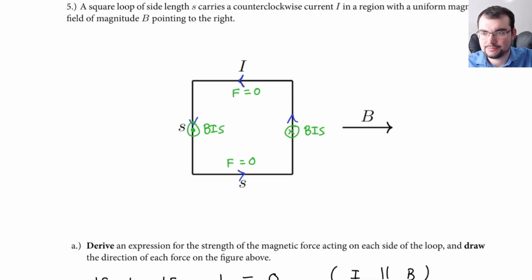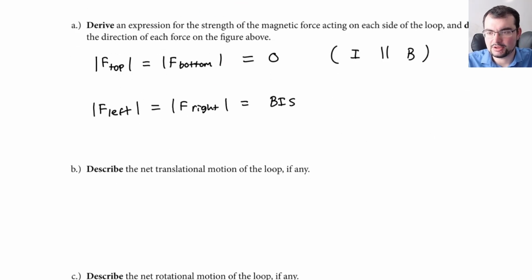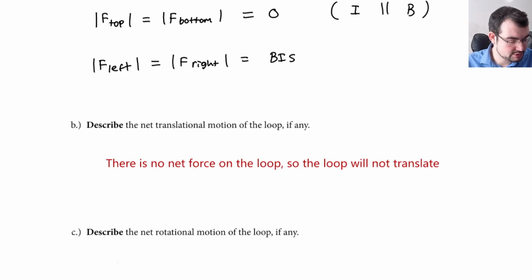And that's that. All right, net force. Well, net force: 0, 0, BIS out, BIS in. Those cancel. So even though we got into and out of the page forces, they're still canceling forces.